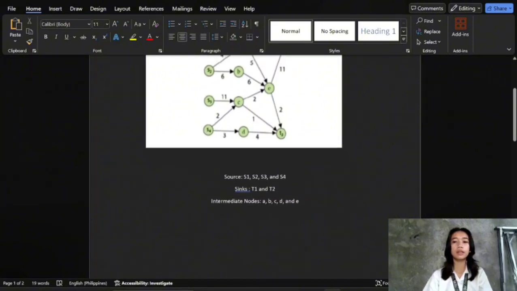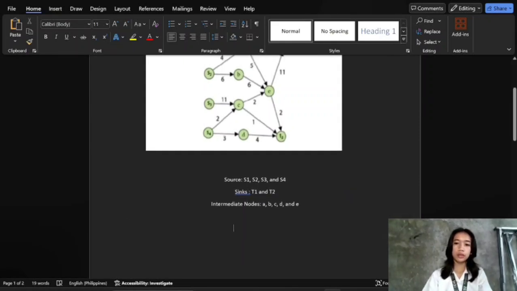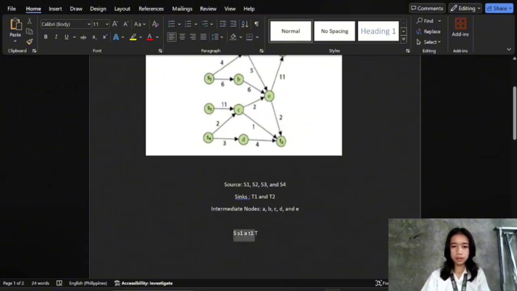An example of it is S, then S1, then A and T1. So in this example we continue augmenting until no path exists.